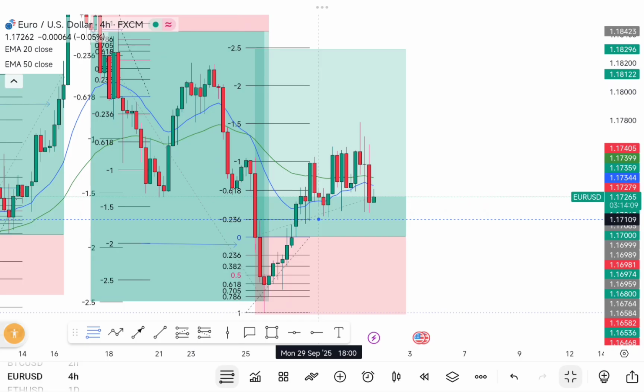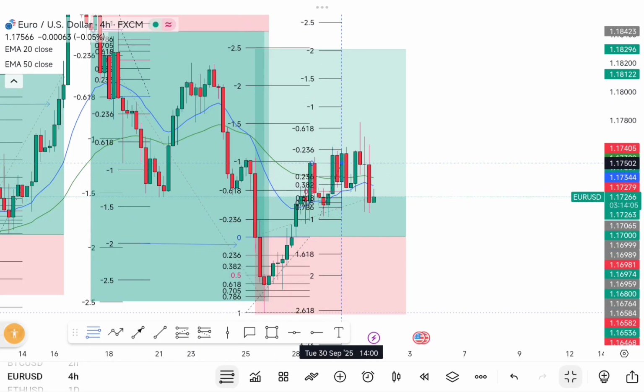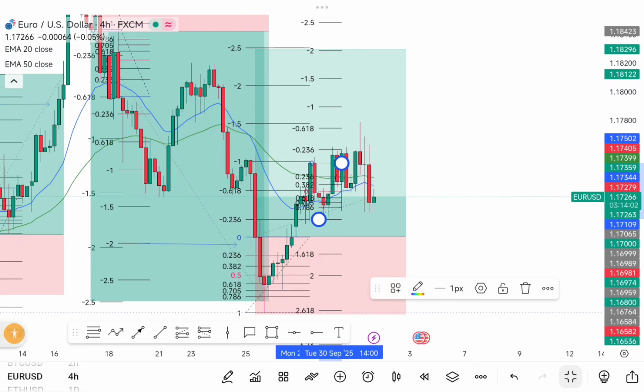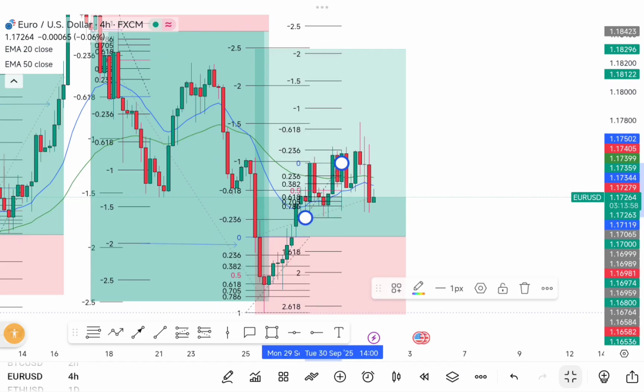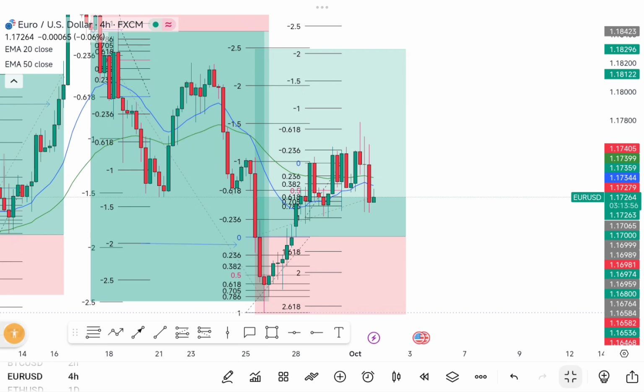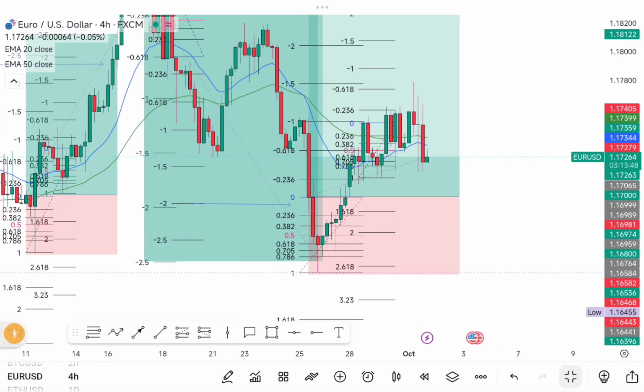So we can use our pullback, that is the break of structure, to confirm our projection, which is in between minus 2.5 and minus 2 of the confirmation projection.